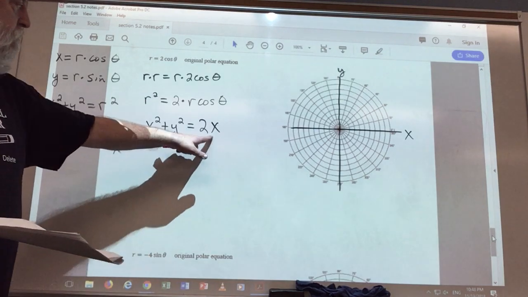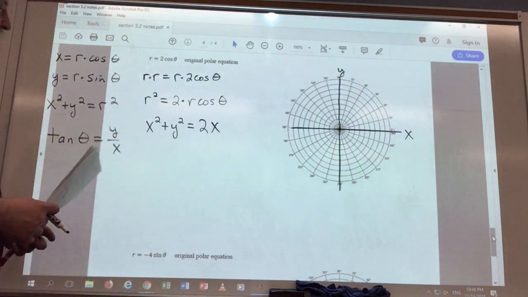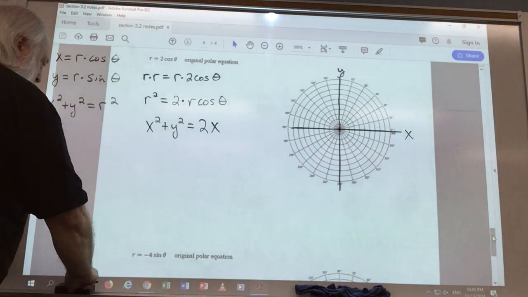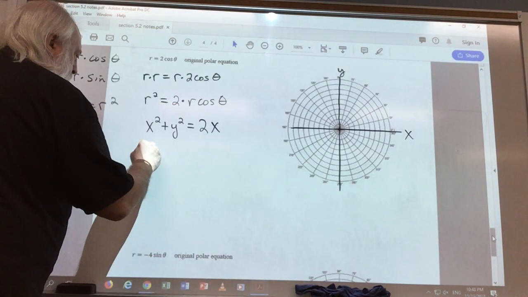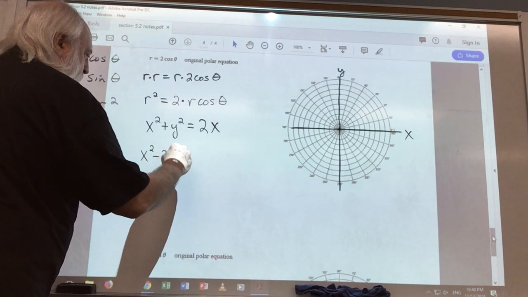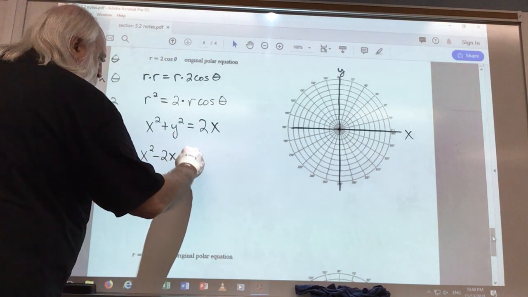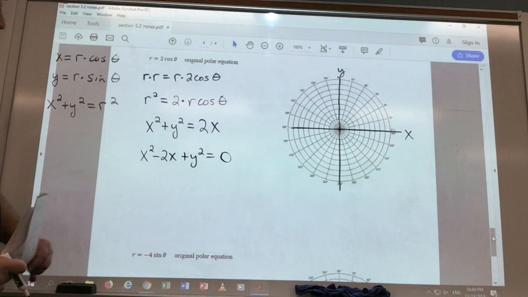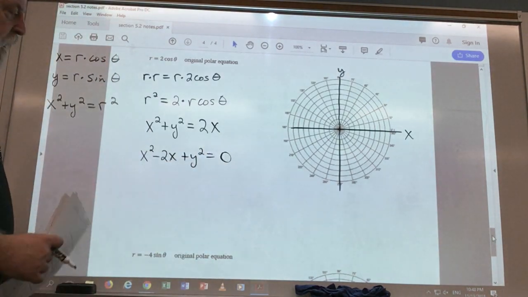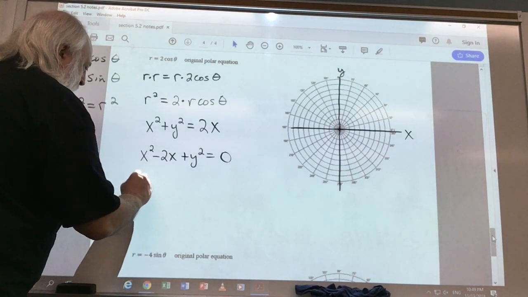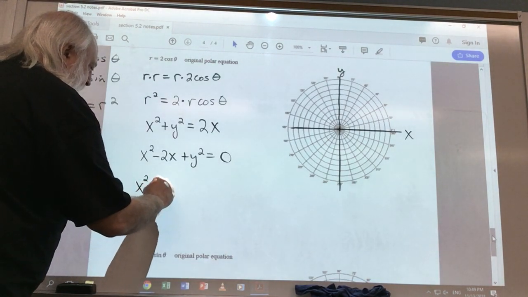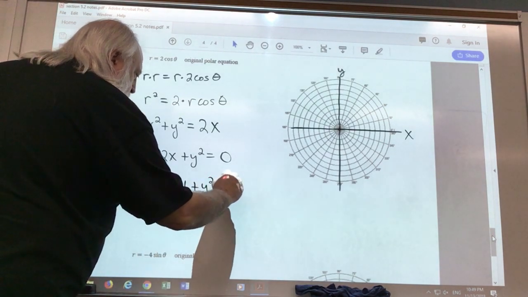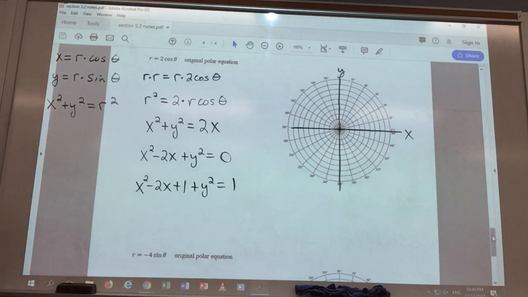Okay. Well, we can subtract 2x from both sides, and we have x squared minus 2x plus y squared is equal to 0. And now I can add 1 to both sides, so that I have x squared minus 2x plus 1 plus y squared is equal to 0 plus 1, which is 1, right?